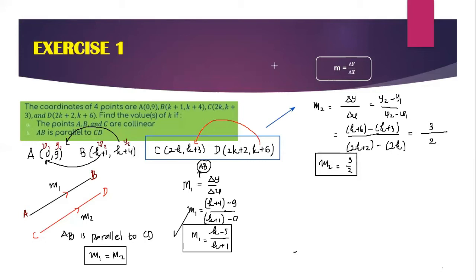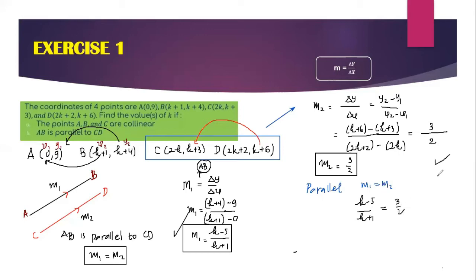Students, what is the concept of parallel? Two lines are parallel means M1 equals M2. So we insert M1, which is K minus 5 over K plus 1, and M2 is 3 over 2.